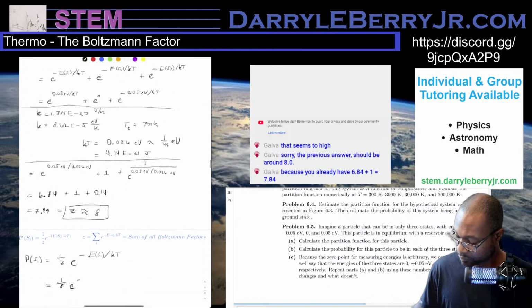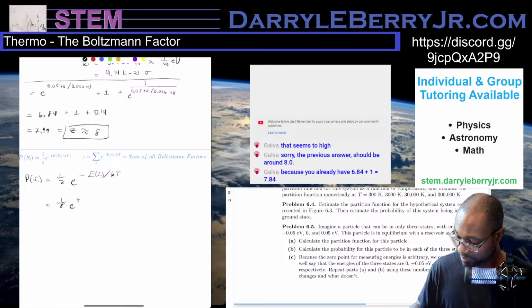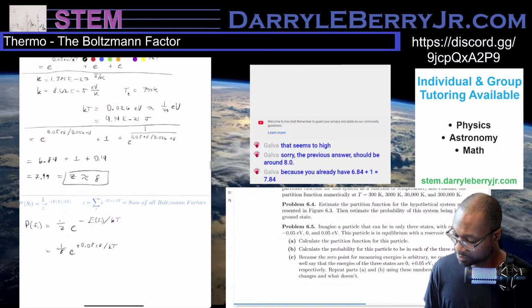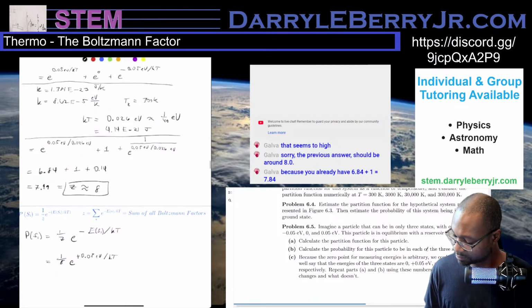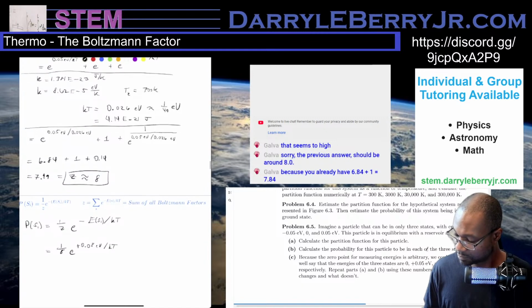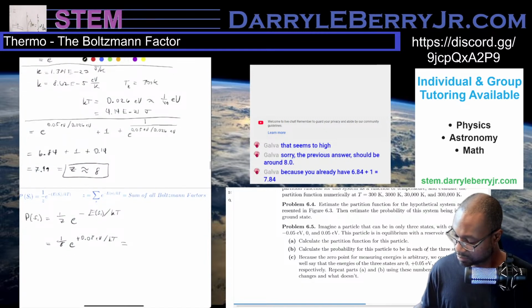Negative, each E of S1 is negative, so that's going to be positive 0.05 electron volts divided by kT, which, didn't I calculate that already? I did. So that's going to be 1 over 8 times 6.84. So that's going to be what? 0.855.